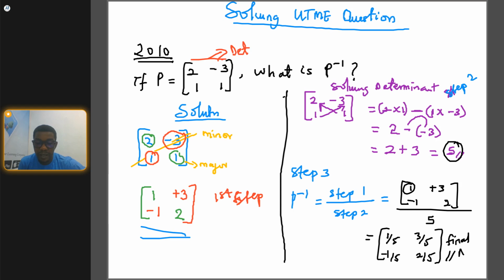This is the way we solve the inverse of a 2 by 2 matrix. If this is clear to you, please kindly signify, and let's proceed to the next question.